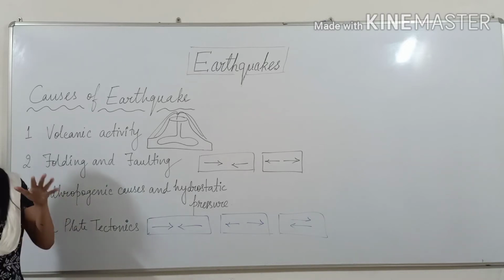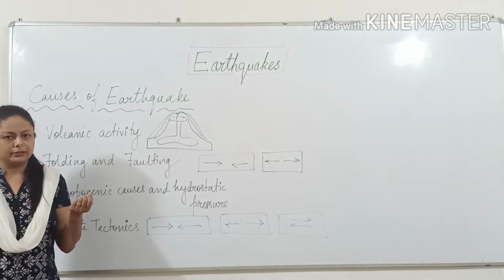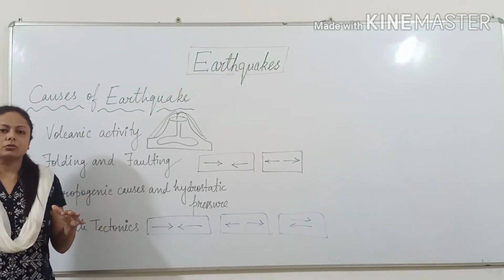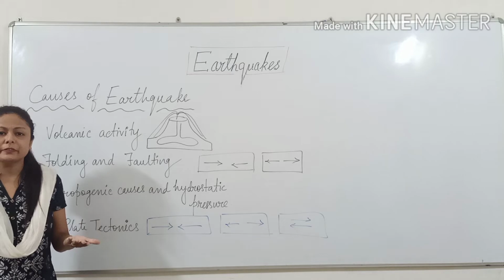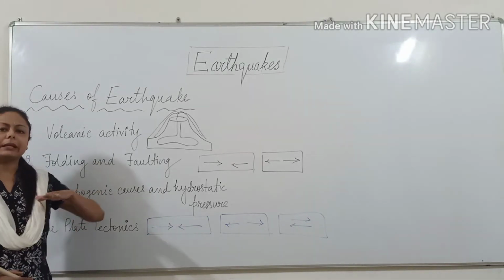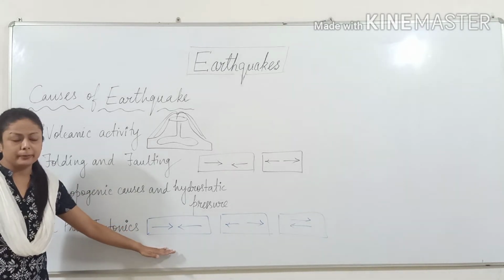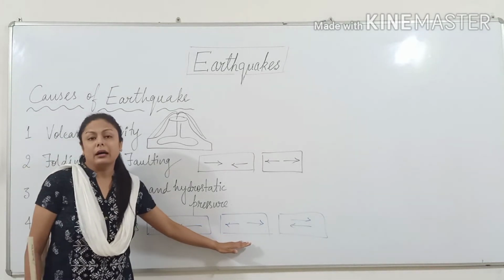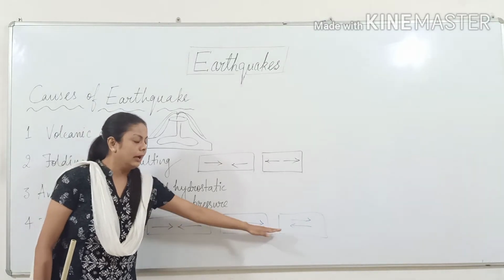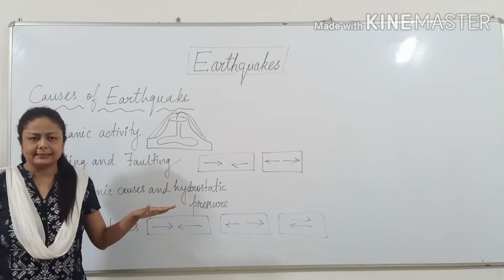We have learned that the oceans and the continents are divided into different plates. These are lithospheric plates because they are made up of rocks, and these plates keep on moving. Either they move towards each other or they move away from each other, and in the third case, they just move parallel, they slide past.